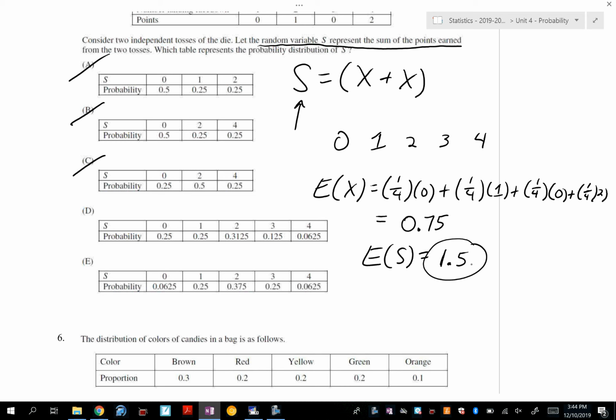So you added all the probabilities together? No, I multiplied the likelihood of getting 0 points times its probability, right? I found the expected value. I found this a different way using the chart, and it needs to match what I already calculated, 1.5. So again, I know that wasn't simple, but it was much simpler than actually creating the chart.